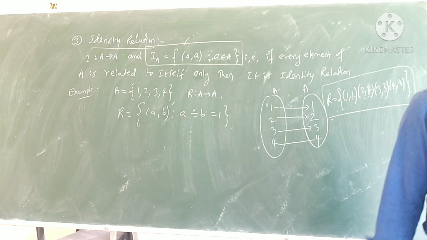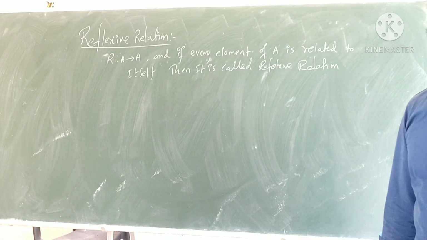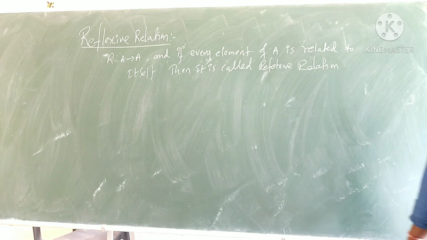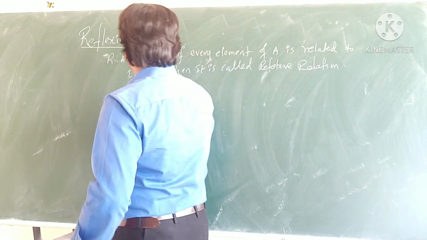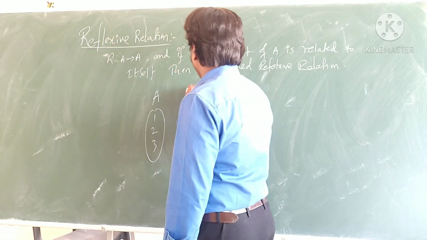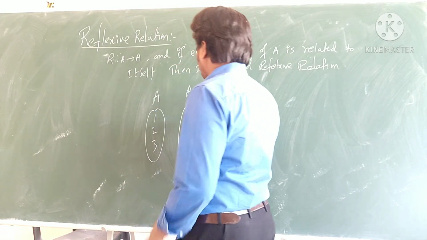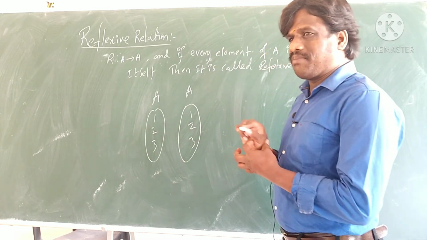See, reflexive relation. R is a relation from A set to A set, and if every element of A is related to itself, then it is called a reflexive relation. What is the meaning of this? Suppose you have A here 1 2 3 and here A 1 2 3, because we are talking about A to A, it is possible from the same set to the same set.